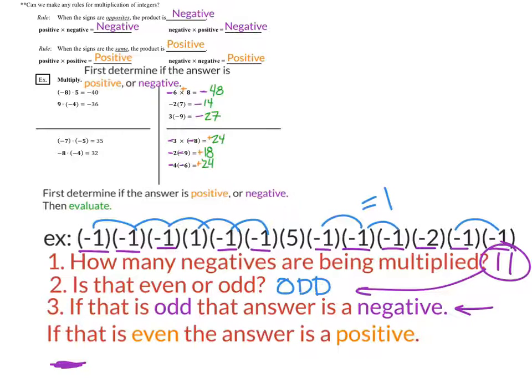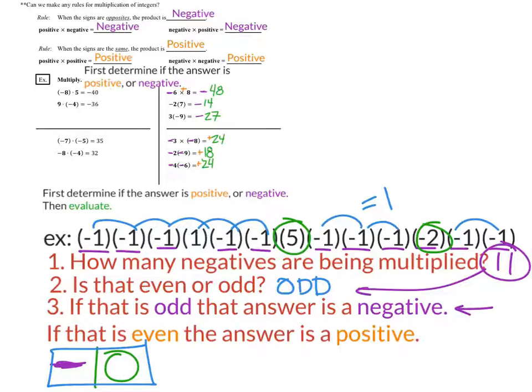Okay, now notice I didn't say negative 1 times negative 1, and that's because by determining if the answer is positive or negative, I get to ignore all the negatives. So then I'm just looking at the final product of 5 and 2, not negative 2, just 5 and 2, which is 10. So the answer to this large problem right here is negative 10.